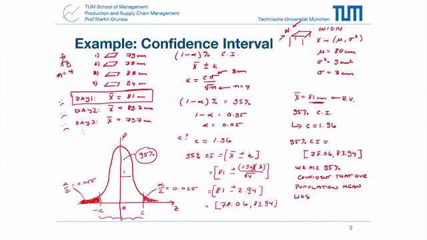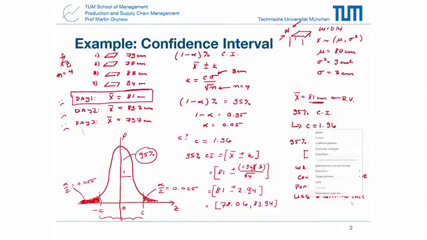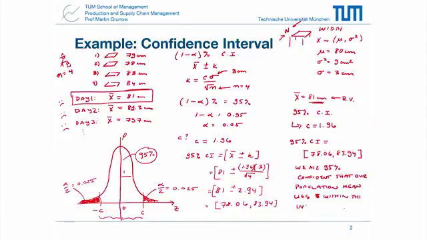lies within this interval. Sorry, my writing's very messy with the pen. But we are 95% confident that our population mean lies within this interval.